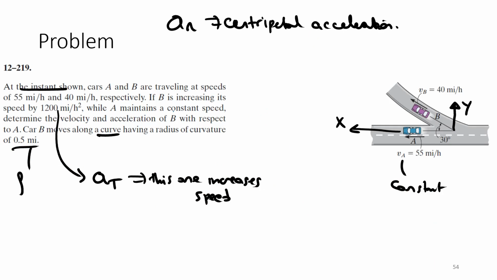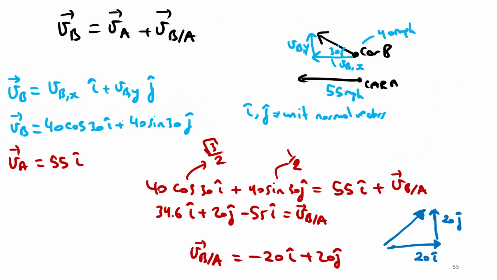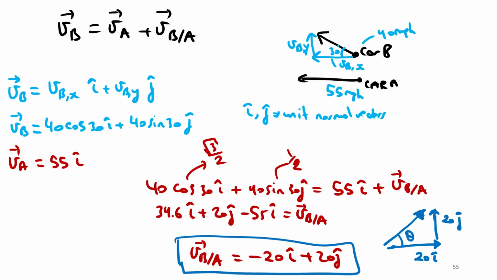The question asks for velocity and acceleration. The velocity we have determined. You can even go further and check the direction, the angle here, which will be just the tan of these two velocity components. This is part 1. Now it is time to look for part 2, which is the acceleration.